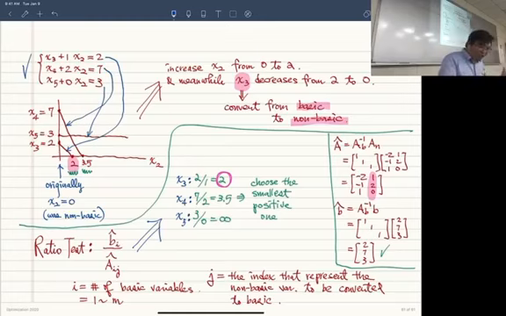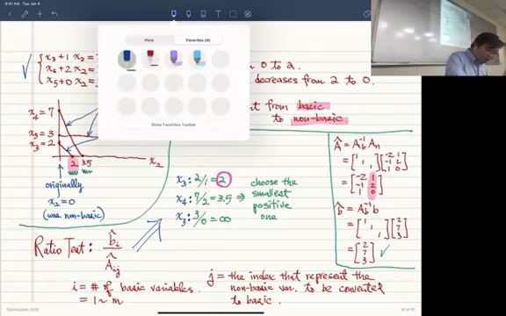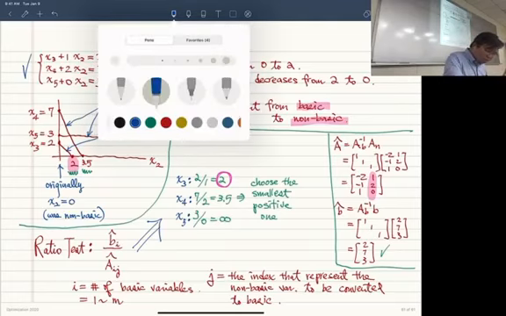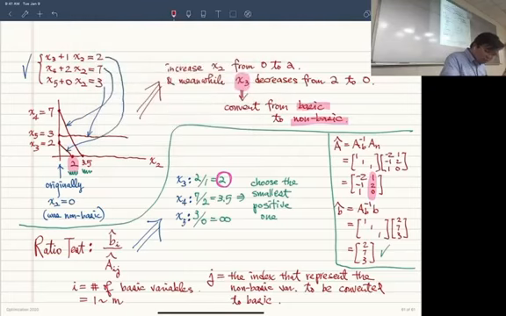So in this case, we know x3 is chosen to convert from basic to non-basic.